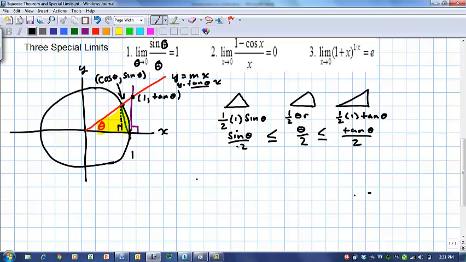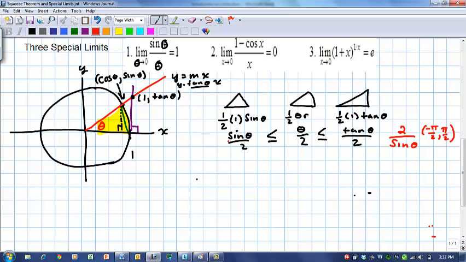So now we can multiply everything by 2 over the sine of theta. And this is valid on the interval from negative pi over 2 to pi over 2. As long as the sine is positive, we aren't changing the inequality. And that's good because we're looking at the limit as theta approaches 0, which is definitely within this interval.